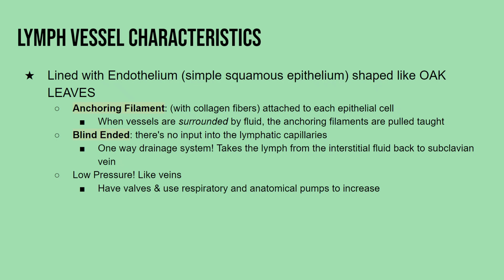So it's a one-way drainage system. And then there's low pressure in the lymph vessels, like veins. So they have valves and use respiratory and skeletal muscle pumps, like we talked about last week, to help increase pressure and bring lymph back up to the heart against gravity most of the time.